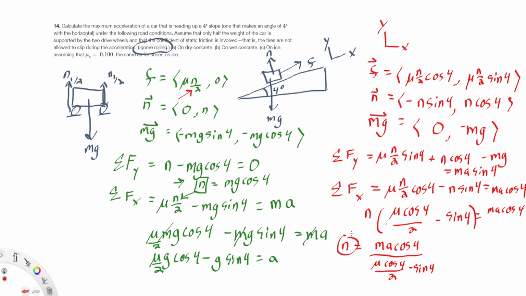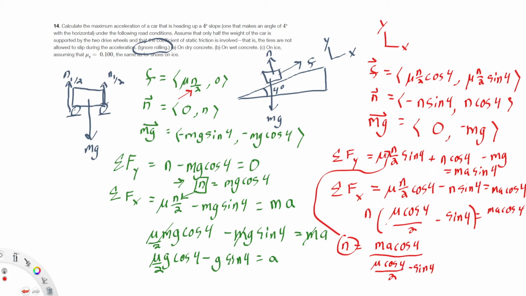And then take this thing, plug it in here, solve for a. You could do that. You're going to have to distribute anyway, so it's not going to save you a whole lot of trouble.